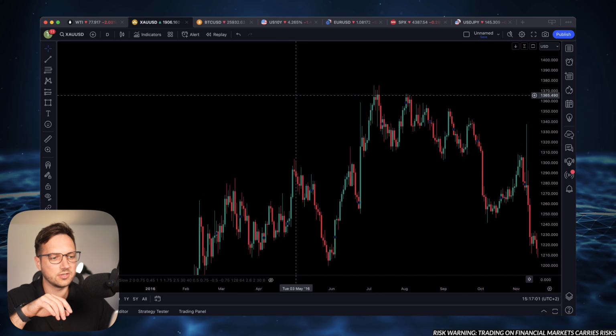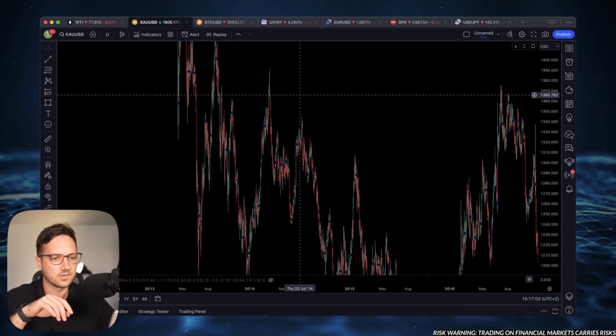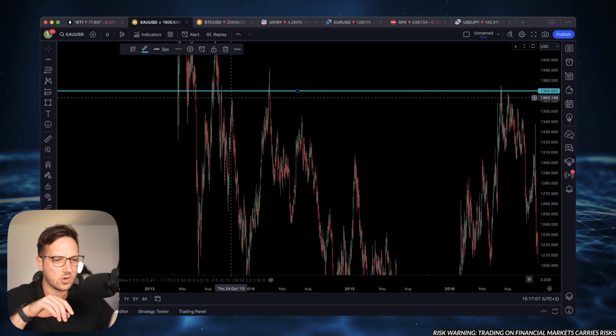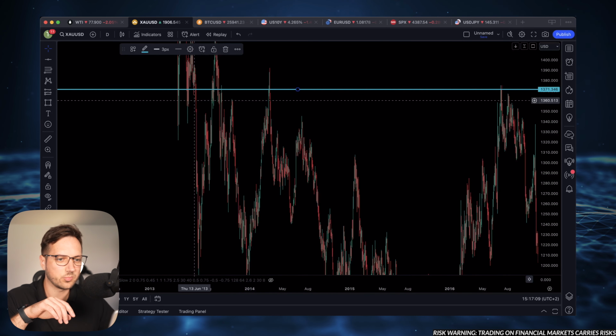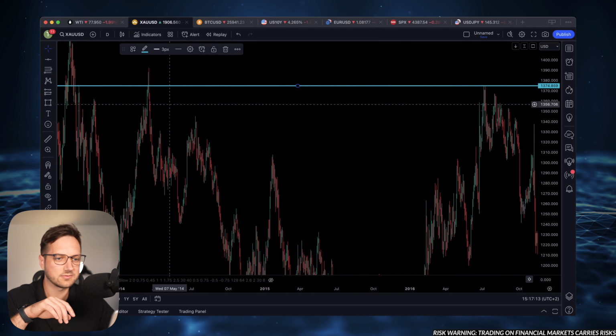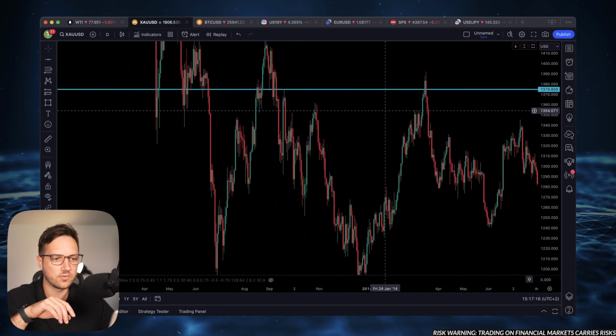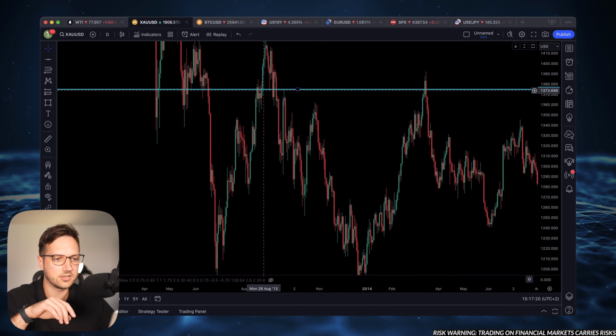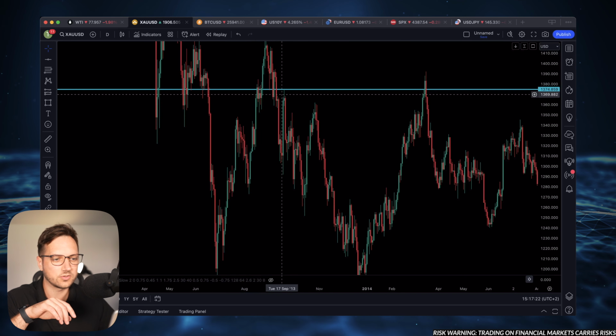The price stopped here. If we check the left side, I think we do not need a bigger explanation of why those levels are important. You can see how many times the price bounced from those levels. We have this zone over here, this moment, this moment, and this moment.